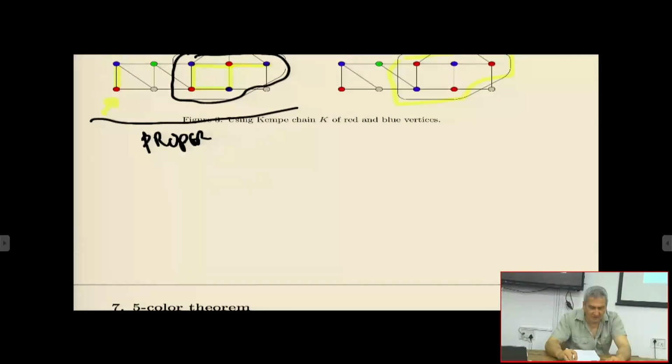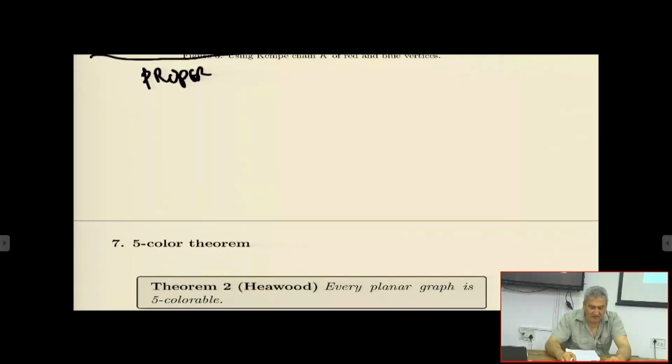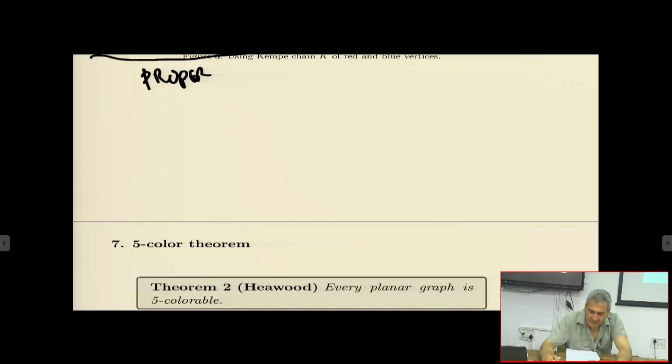So now the 5 color theorem. This is something that I want to prove. So we may introduce a new page. I prefer this template, with this color, and apply.